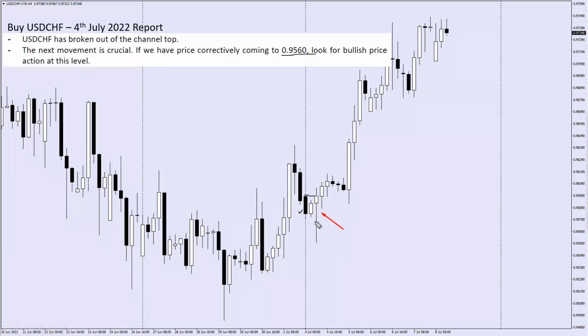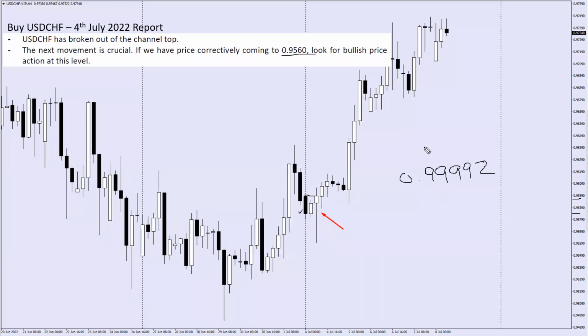Now, when I say close above, all you need is just 1 pip. Now, what is 1 pip? All of you have this, right? You can see these are all 5 decimal points, 95999. And then you have another example over here.